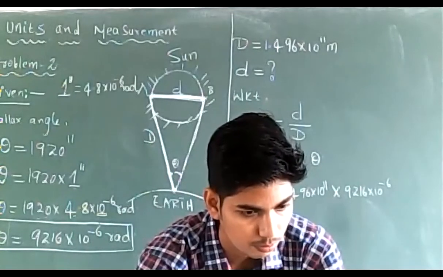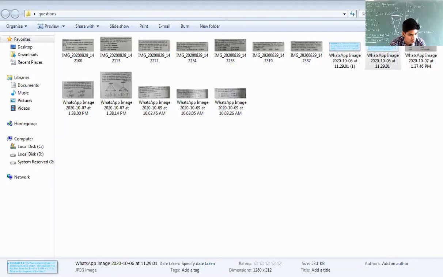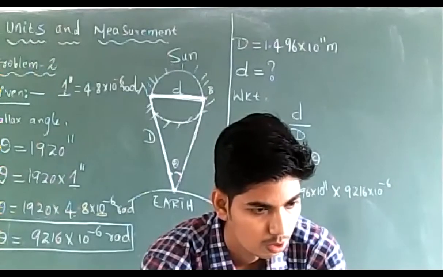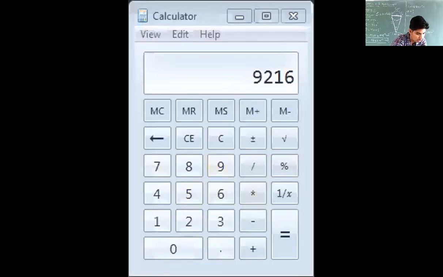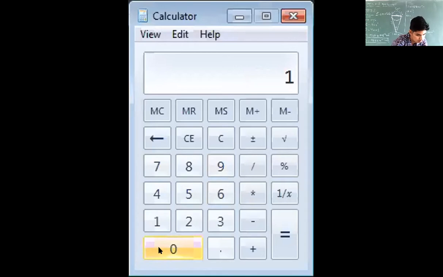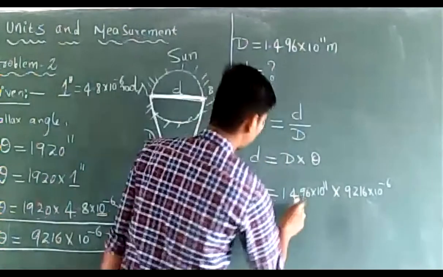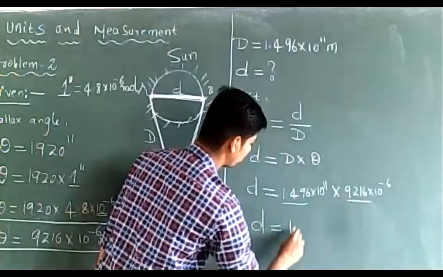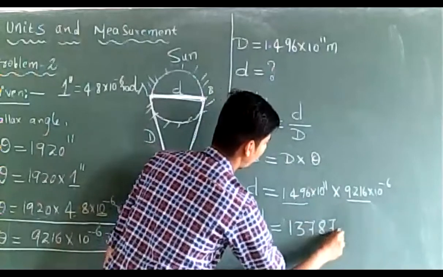1.496 into 9216 comes out to be 13787.1.